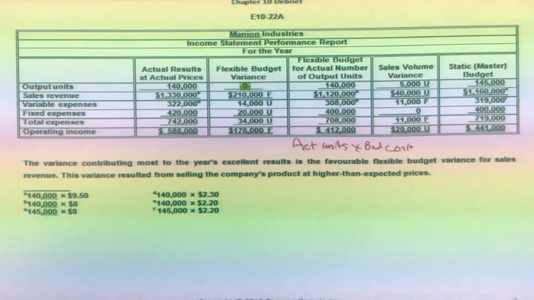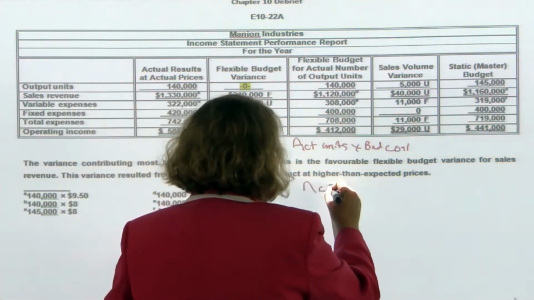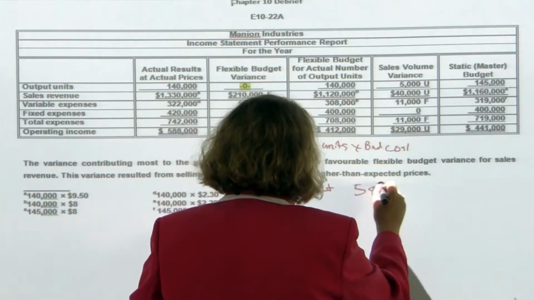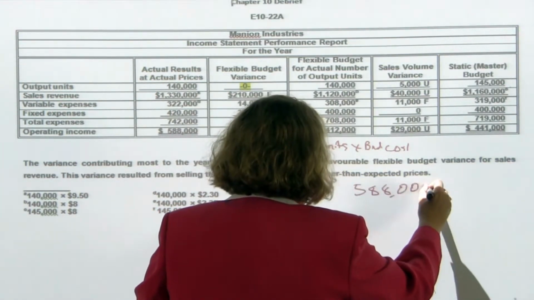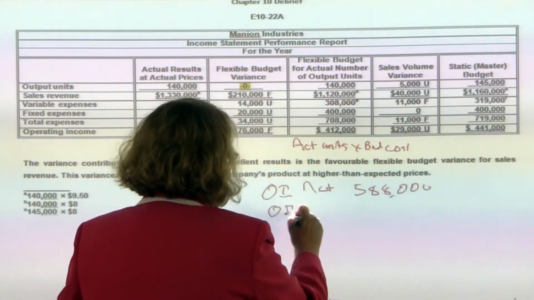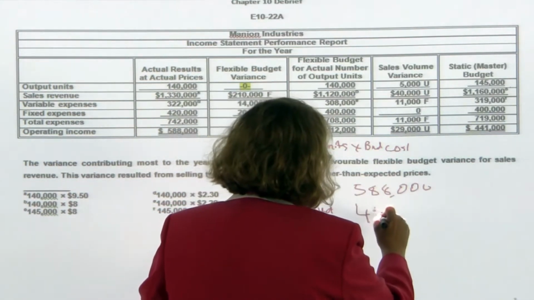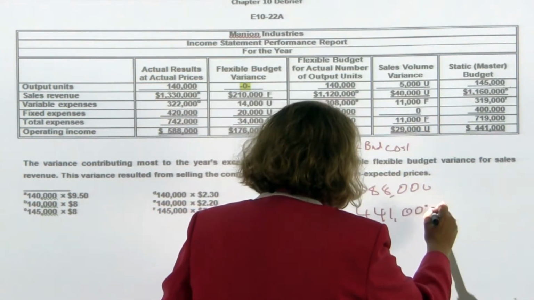Our actual results were $588 operating income, and from a budget perspective, what you had thought you were going to earn was $441.